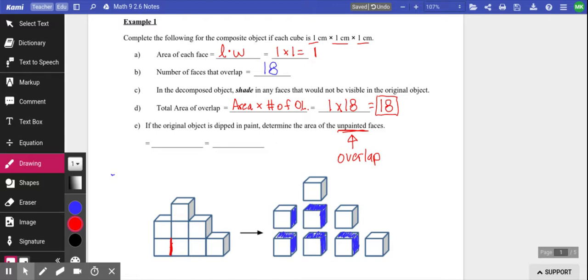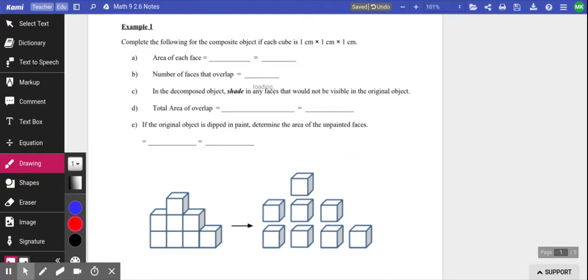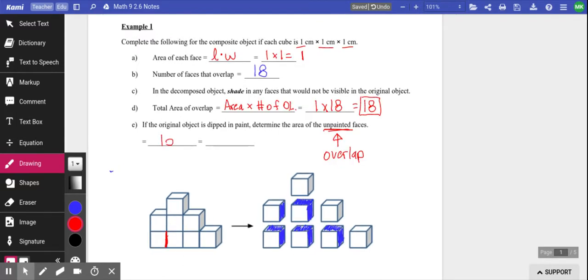They're going to refer to it in things like this. What are the unpainted faces, right? What are you not going to be covering? In this case, that is the overlap. So for us, it would just be 18. That's the area or surface area of the unpainted faces.